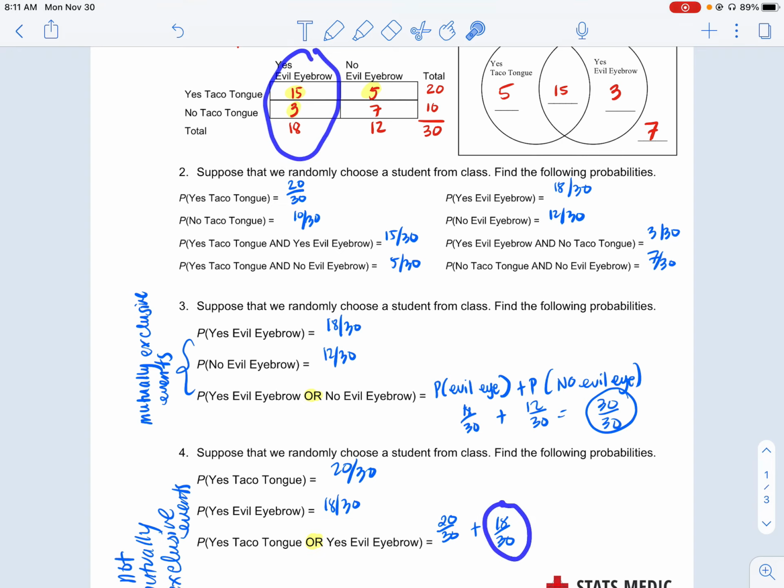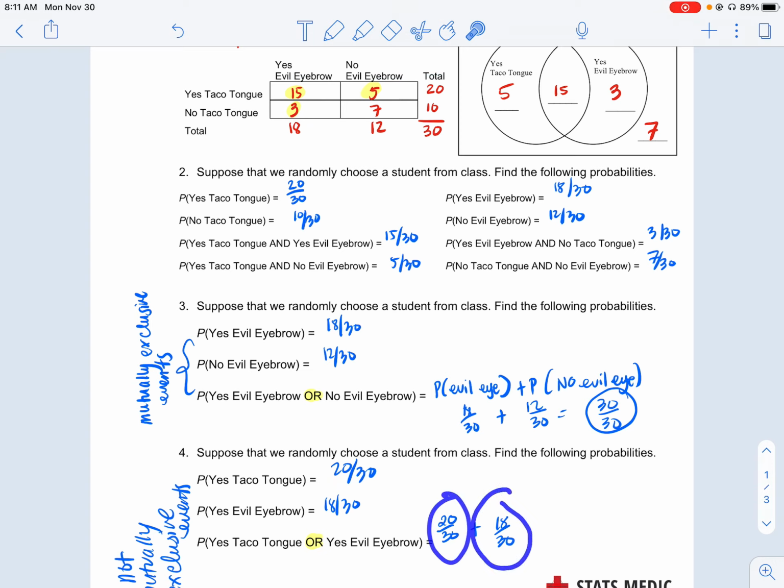That's this 18. Now we have 20 students who can do taco tongue. This is 20. But there are also students who can do both. But if you notice, the 15 is added in this 20, and the 15 is also part of this 18.